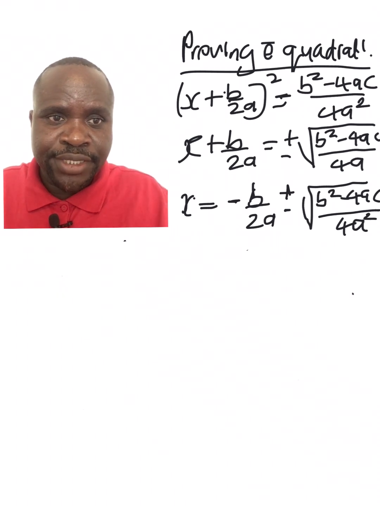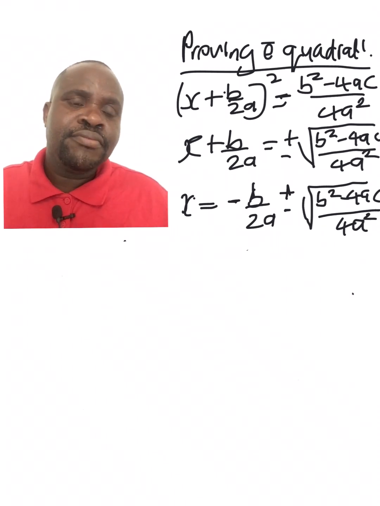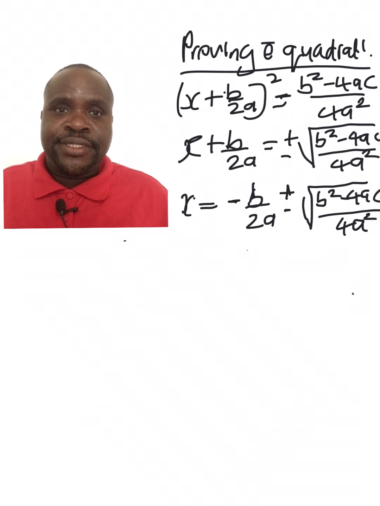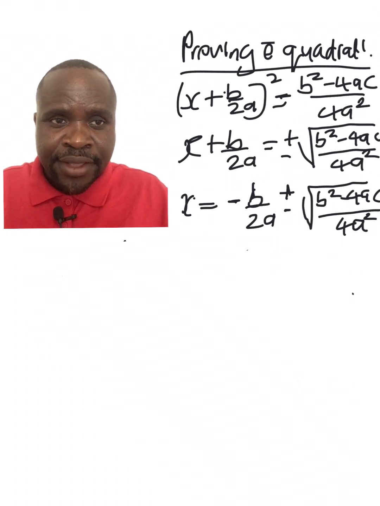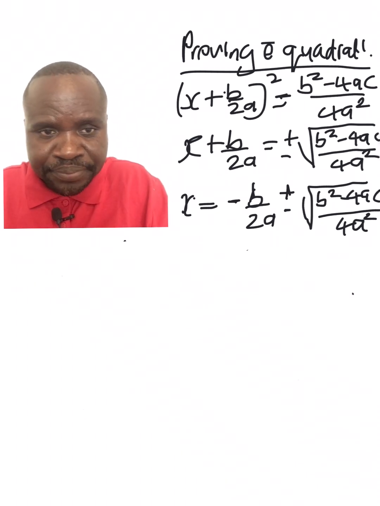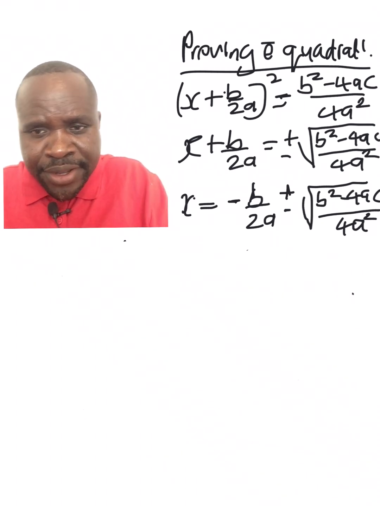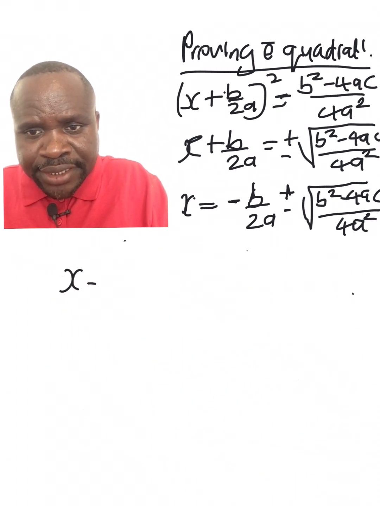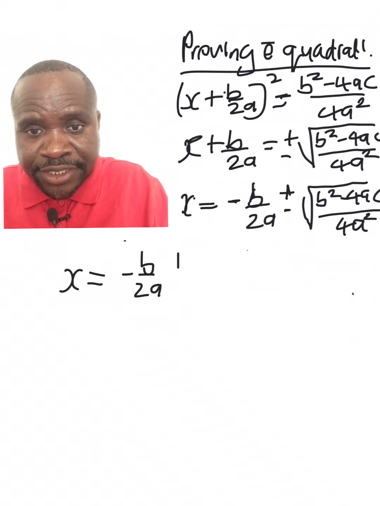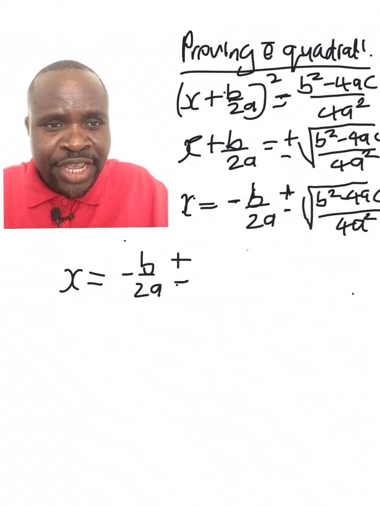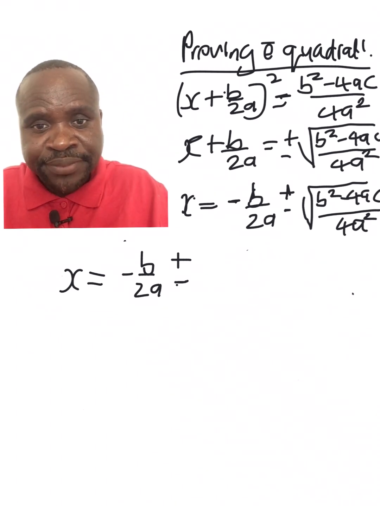Then x is equals to minus b over 2a plus or minus, when we square the bottom, we are able to square it.